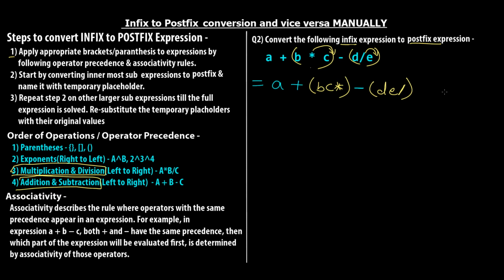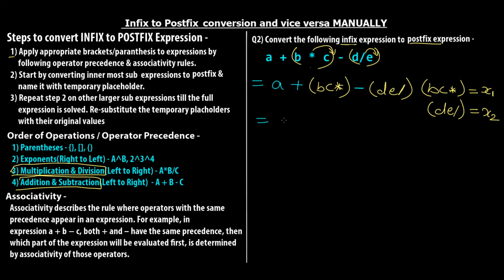So we've done two conversions. Let's consider BC star as x1, and let's consider DE divided by as x2. So let's replace these temporary variables in these brackets.